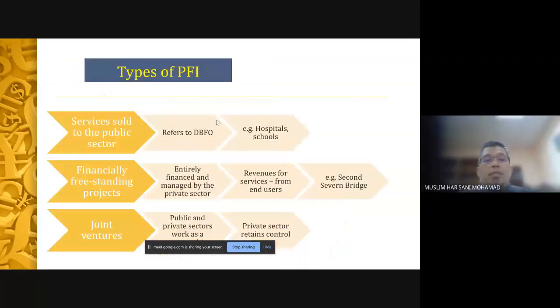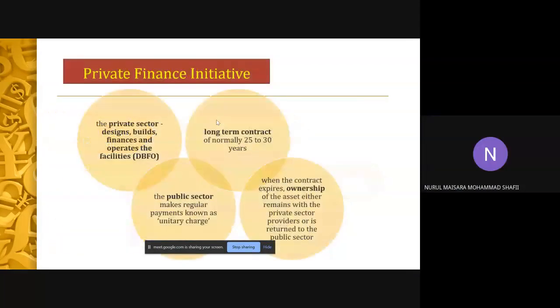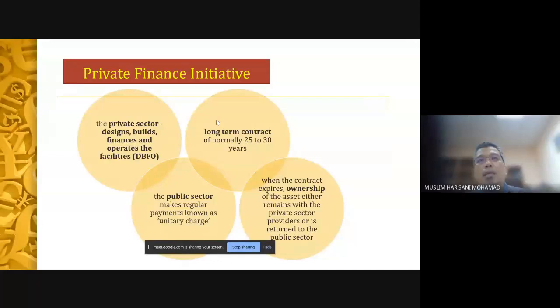Sir, yes. I don't understand why the government needs to pay the unitary charge to the private sector. Okay, I think it's easy. If you look at an example, let's say hospitals. Okay, hospitals, there is a building, and with the building, there are beds, full services. Because under private finance, they have to operate. Okay, they have to operate.